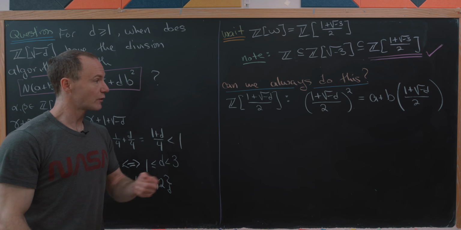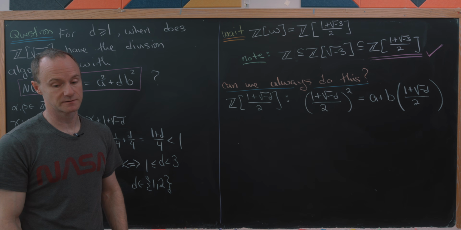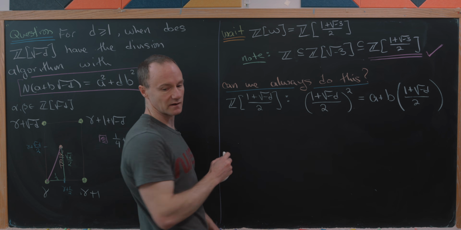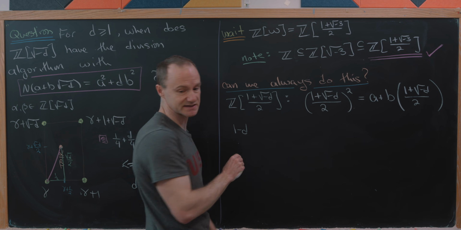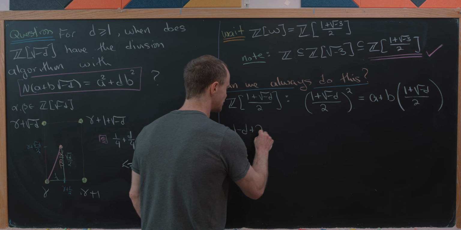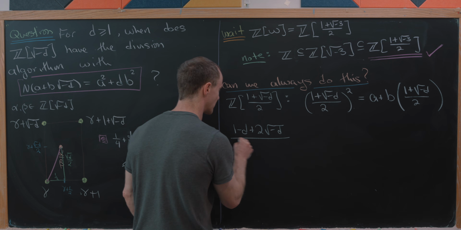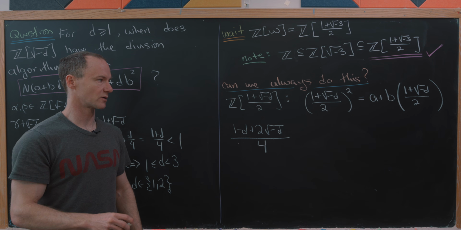But we'll see pretty quickly that that's going to be impossible just via a simple calculation. So let's multiply everything out here. Multiplying out the left-hand side, we'll see that that turns into (1 minus d plus 2 times the square root of minus d) over 4. So I'll let you do the calculation, but that's pretty straightforward.